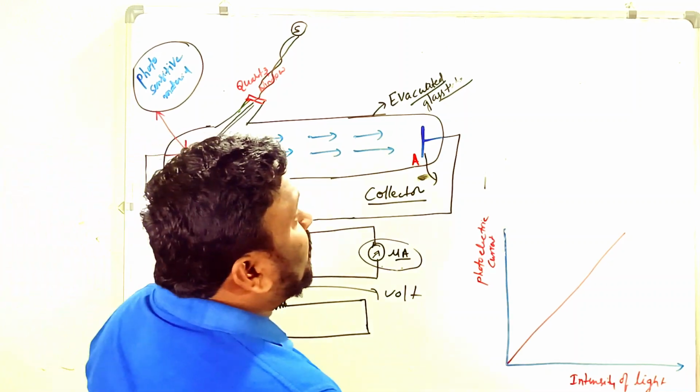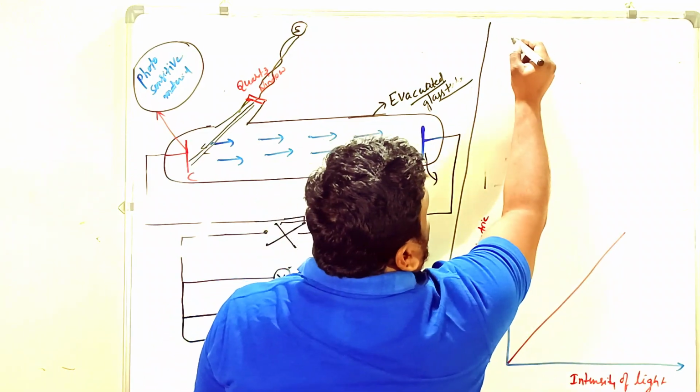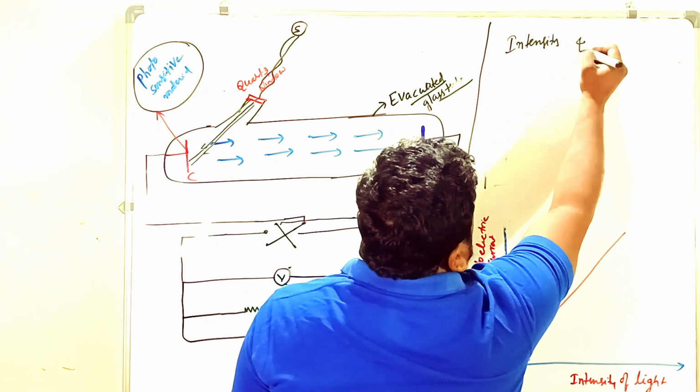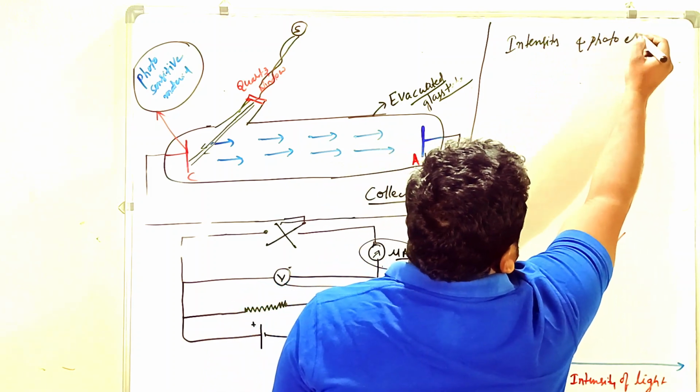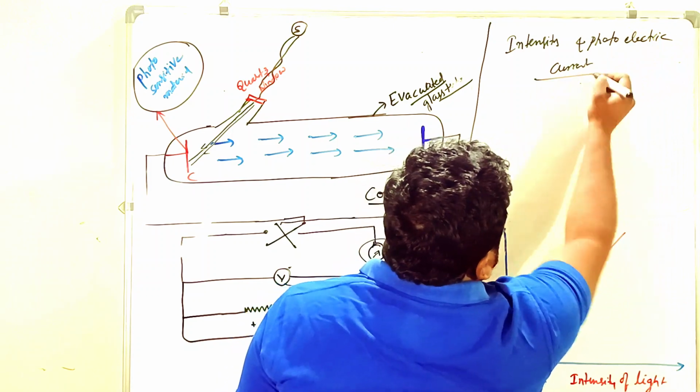Now you have to identify the relation between the intensity and the photoelectric current. Clear, children?